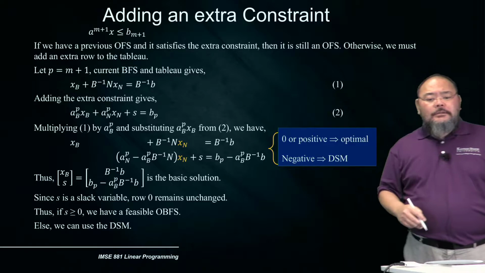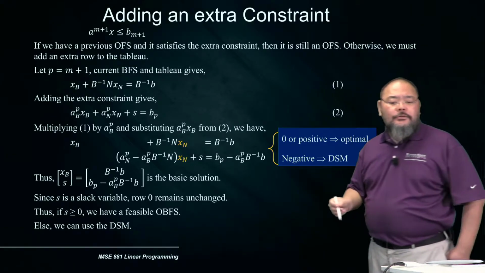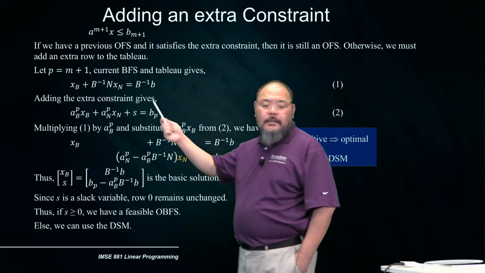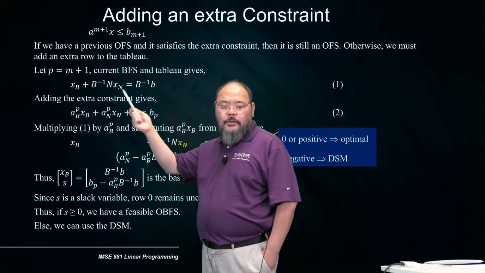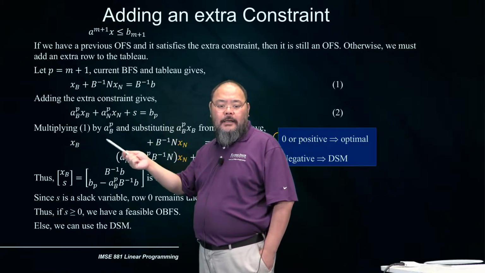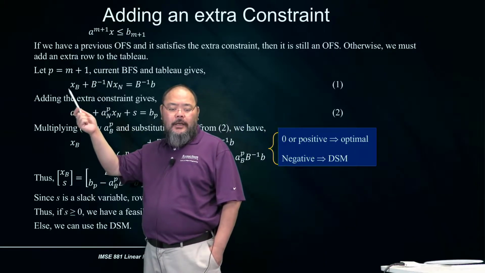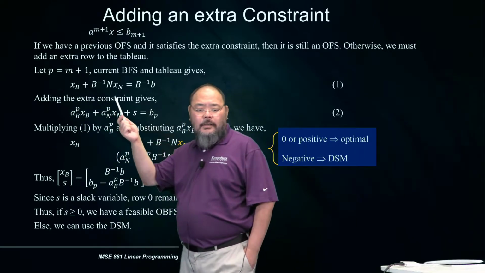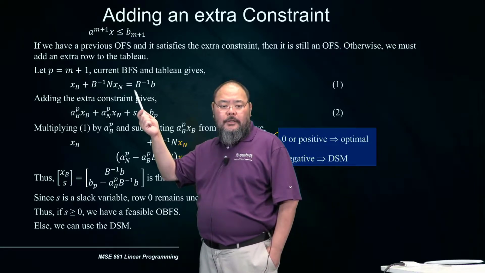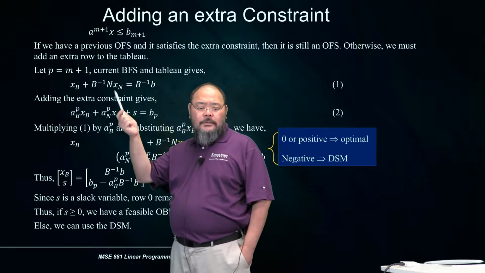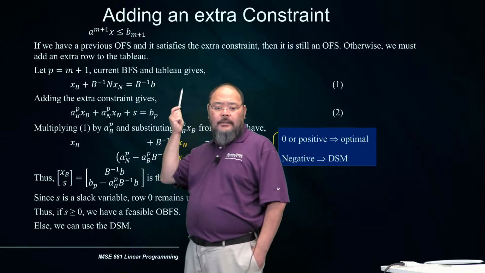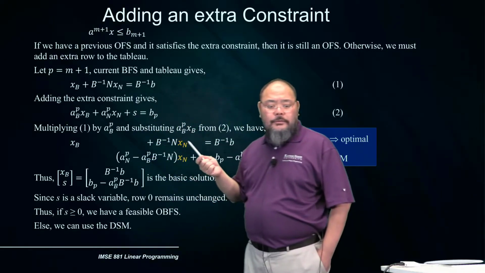Alright, so what I do is multiply equation number 1 on both sides by a B p, and move these things to the right-hand side.